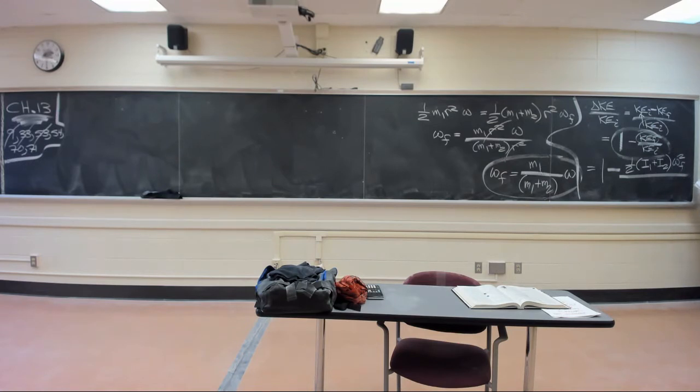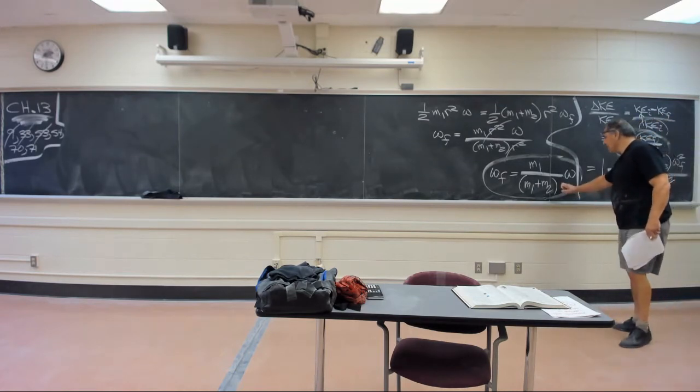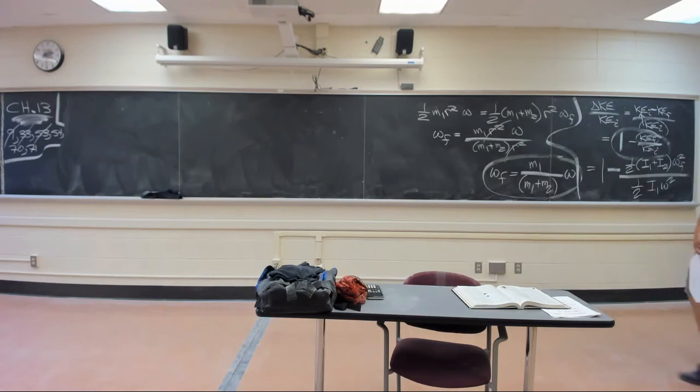KEI is 1/2 I 1 omega squared. Sure don't look like that's a lot. This doesn't look like it's bigger than that, but let's find out. That's where it's going. Guys, did we discover what omega sub F was? Yeah, we sure did. Remember that.